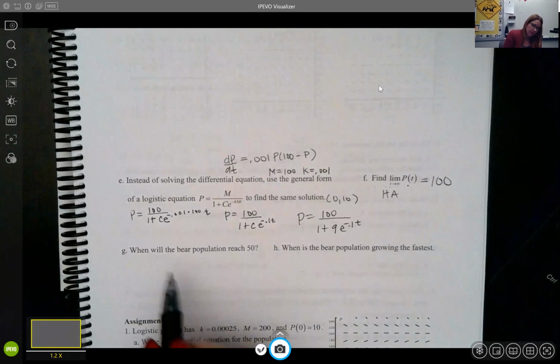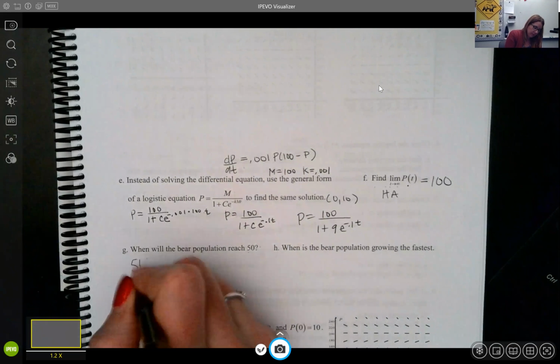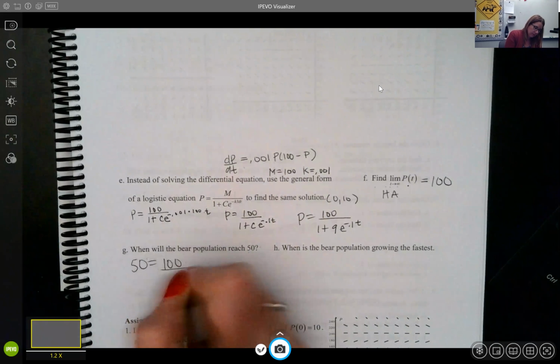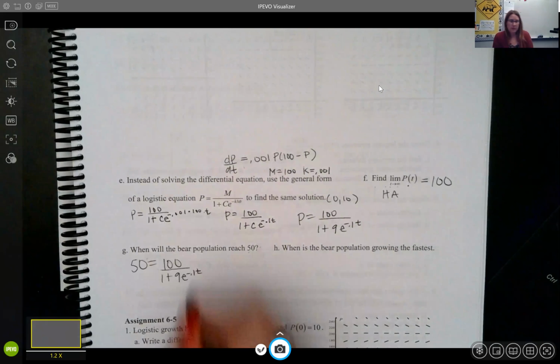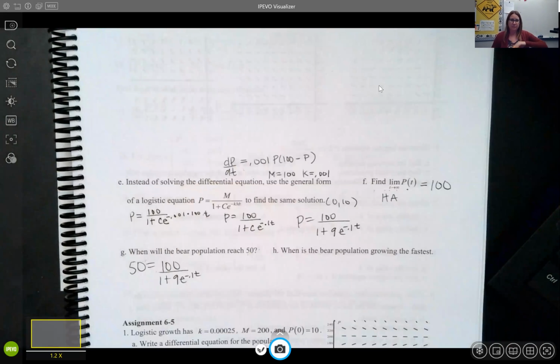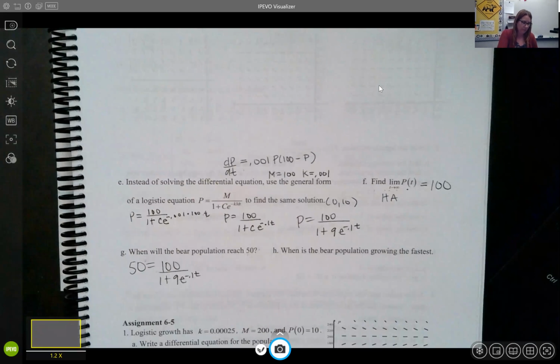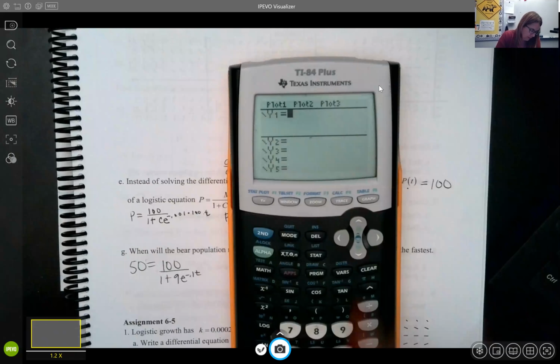When will the bear population reach 50? Well, set this equal to 50 and then solve. I'm just going to use the calculator for that. I'm going to put 50, and then I'm going to put 100 divided by the expression.